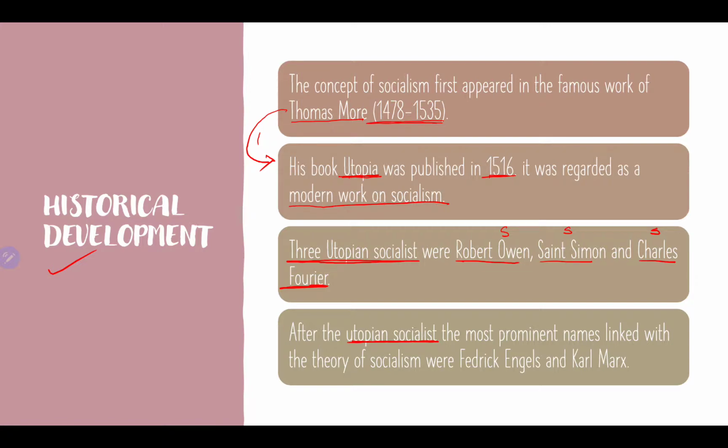After the utopian socialists, the most prominent names linked with the theory of socialism are Friedrich Engels and Karl Marx. Don't forget them.